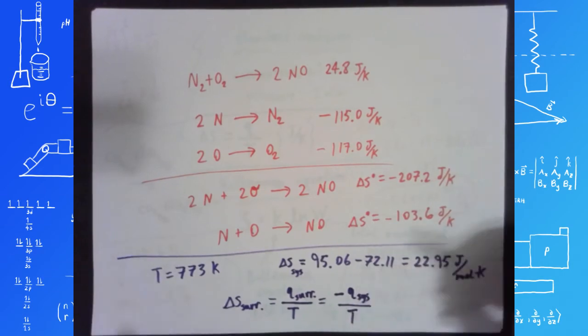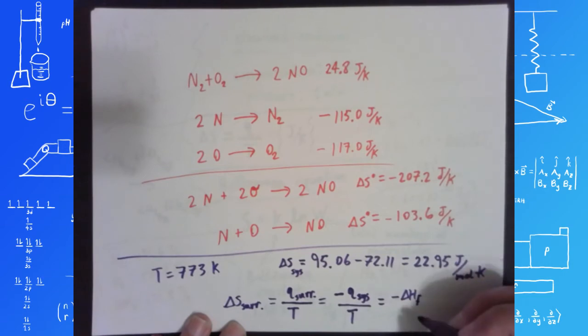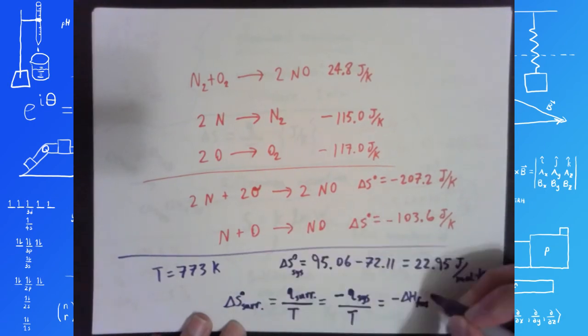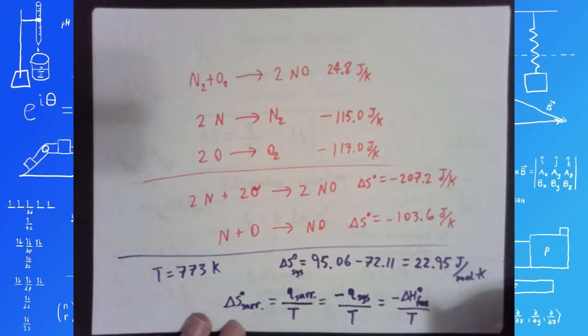That's according to the first law of thermodynamics. And negative Q system is just equal to negative delta H fusion. And I really should use the standard symbol here, but it's not all that consequential.